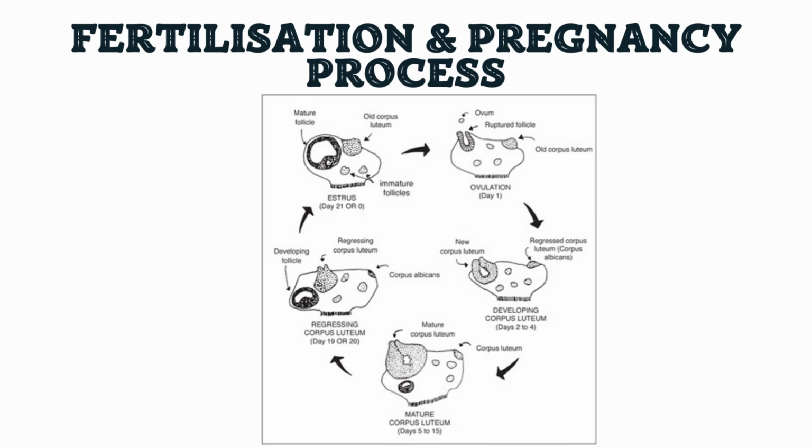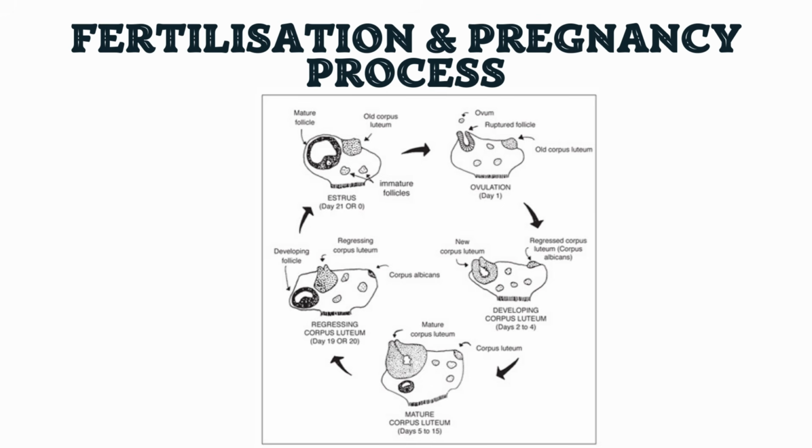There will be many of them, but only one will fertilize the ova. They will run, all of them. The siblings will run together and they need each other so that they can break down the cells of this ova. However, only one is capable of fertilizing the ova.